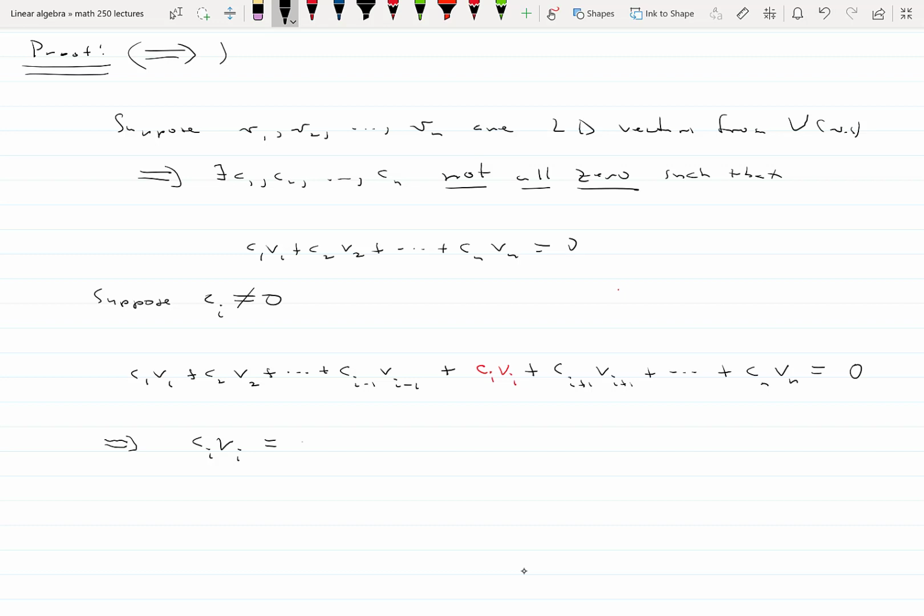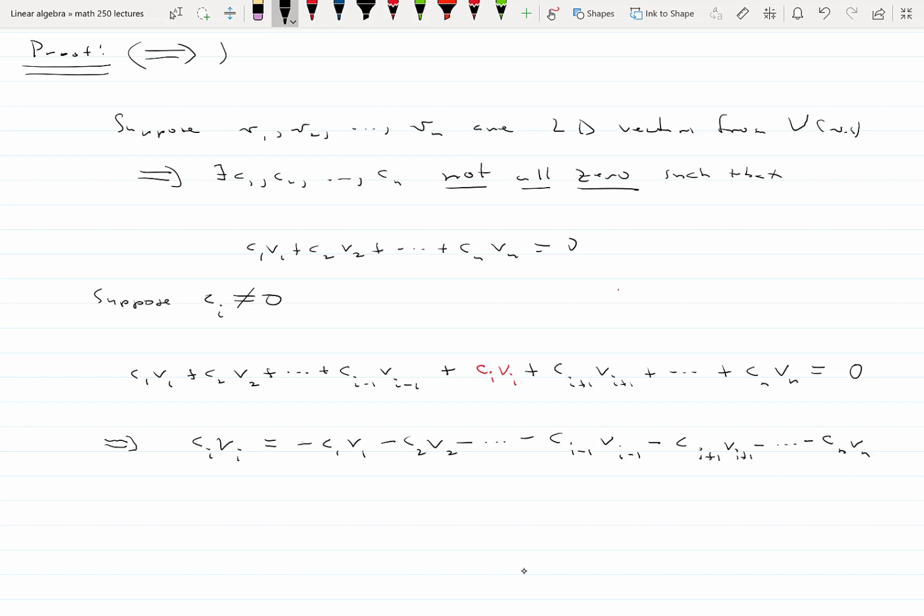So that says that ci vi must equal minus c1 v1, minus c2 v2, minus dot dot dot, minus c sub i minus 1 v sub i minus 1, minus c sub i plus 1 v sub i plus 1, minus dot dot dot, all the way up to minus cn vn.